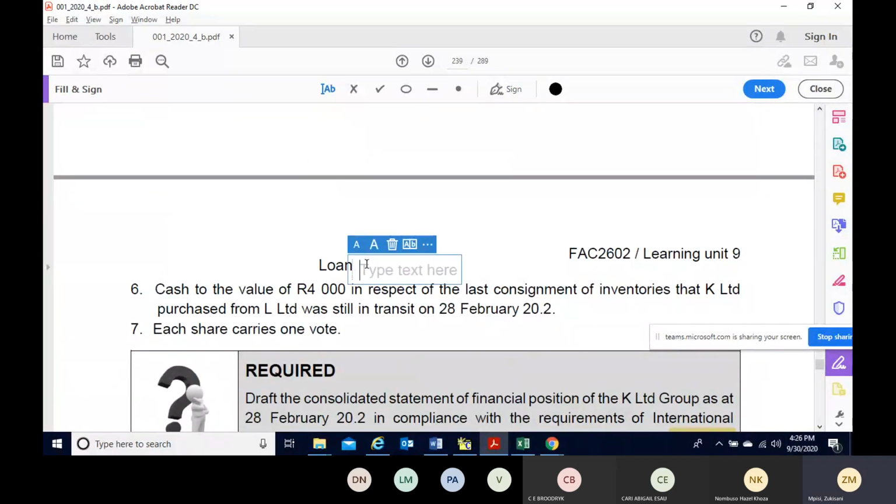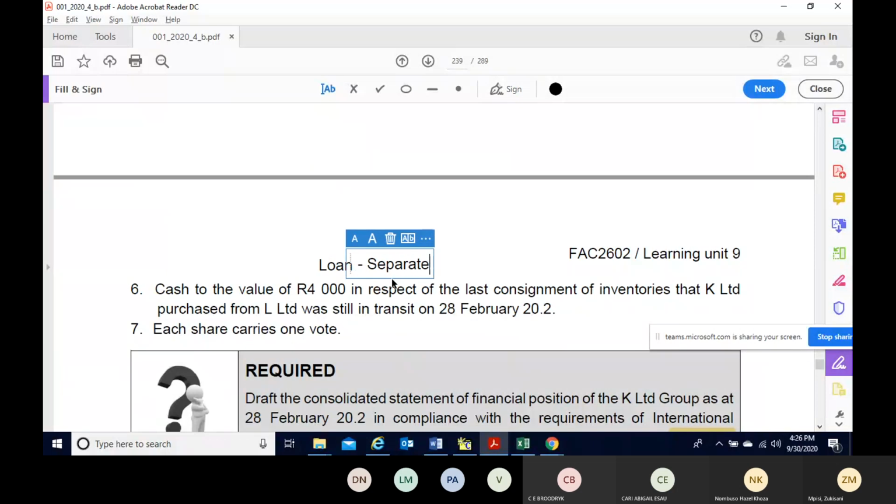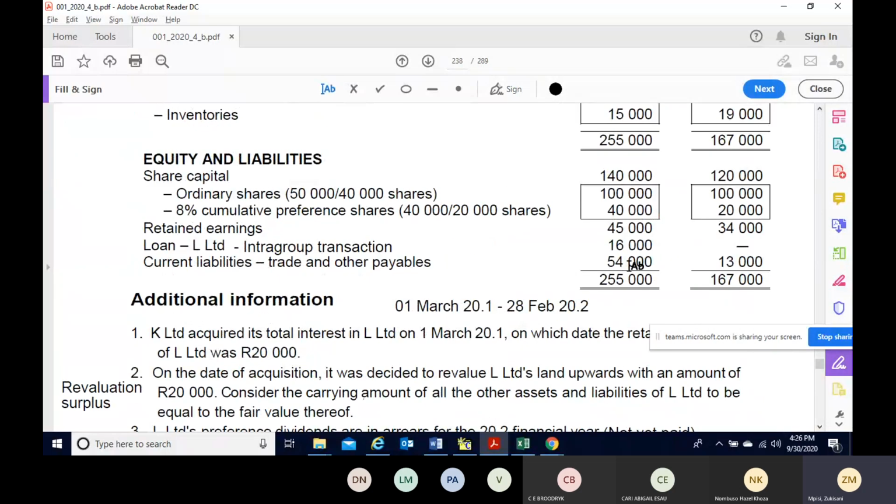So this is a transaction that needs to be done first on the separate financial statements of KLTD.